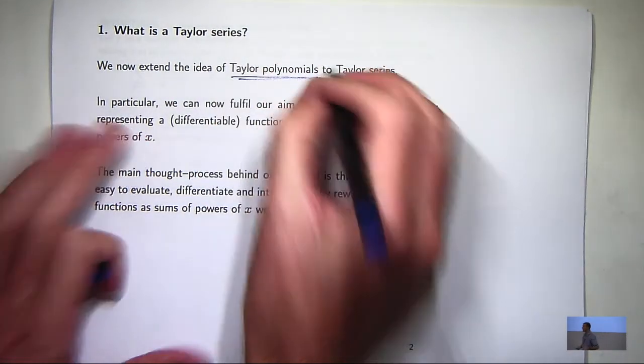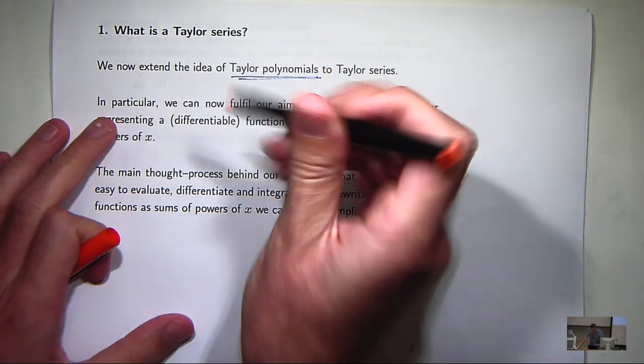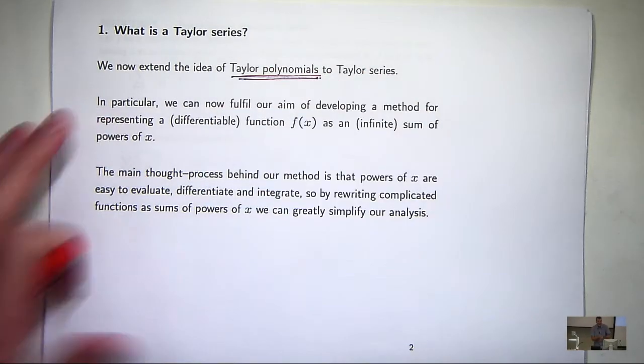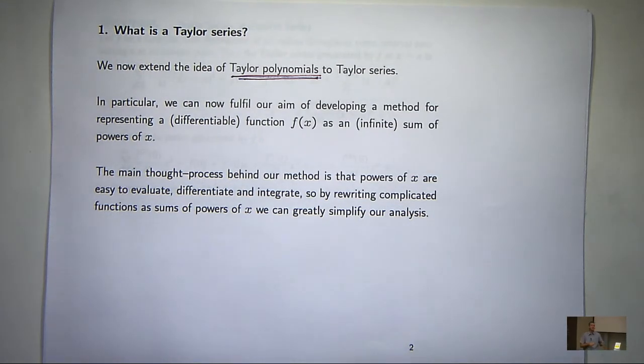We looked at Taylor polynomials a couple of lectures back. And I made the claim back then that, okay, let's say you calculate a Taylor polynomial for cosine x or something, right?